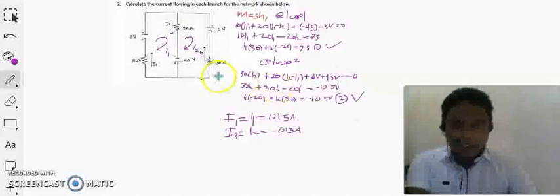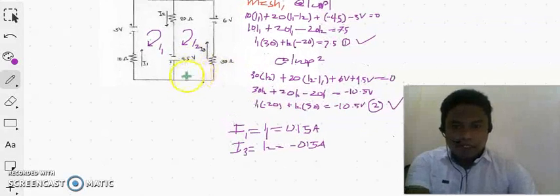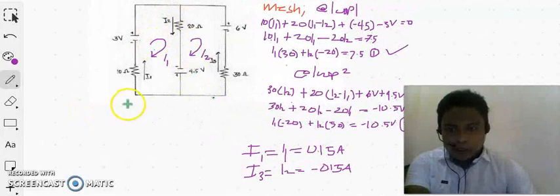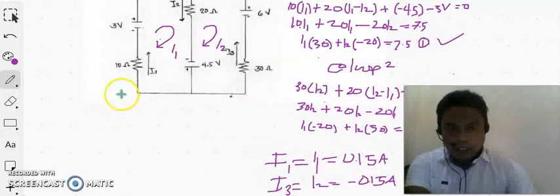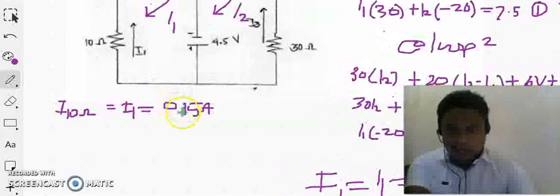For the final answer, our current for the 10 ohms is equal to I1, so this is 0.15 ampere.